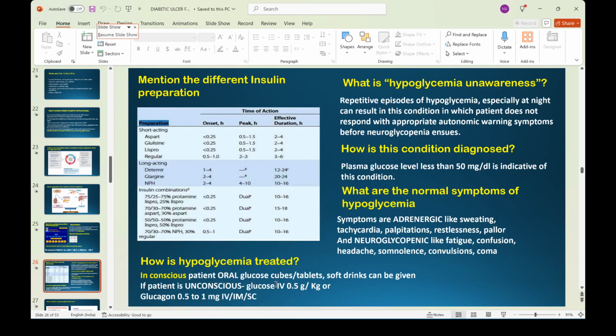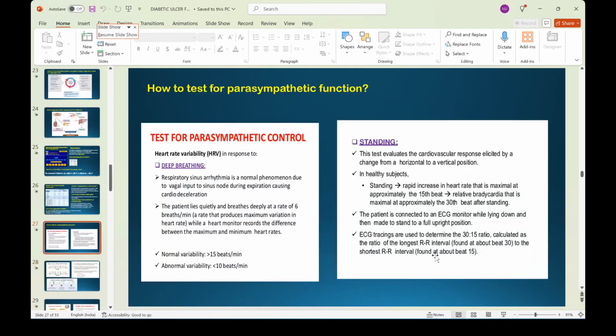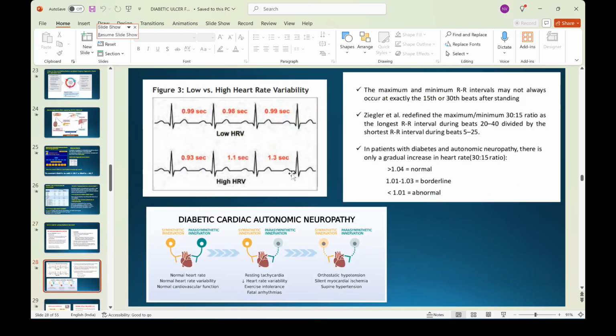In a conscious patient, you can give oral glucose tubes, tablets, etc. How to treat hypoglycemia is a very important medical emergency. All the doctors and physicians should know. And if the patient is unconscious, you can give IV glucose 0.5 gram per kg IV, or glucagon 0.5 to 1 milligram IV, IM or subcutaneous. And test for parasympathetic dysfunction, of course, all these things we have already discussed.